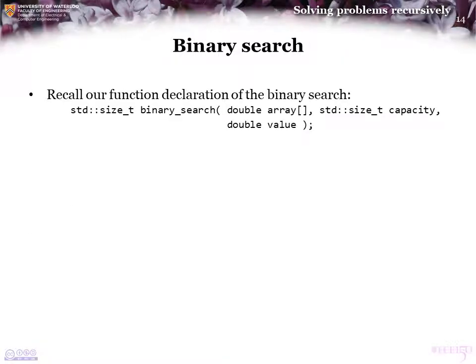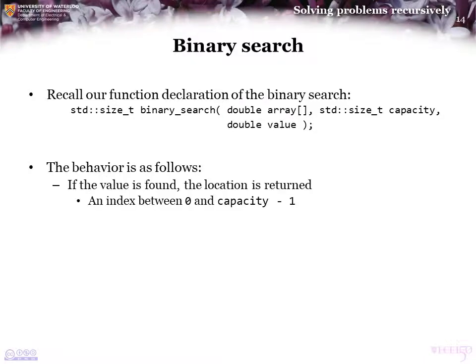As our next example, we're going to implement the binary search algorithm as a recursive function. Now, the binary search takes an array with a given capacity and searches for a specific value, and the behavior, as you may recall, is as follows. If the value is found in the array, the index where it was found will be returned.